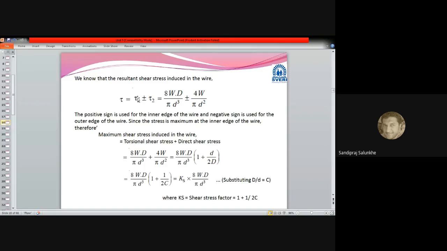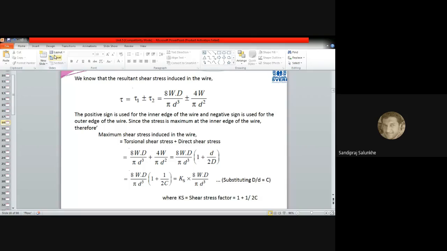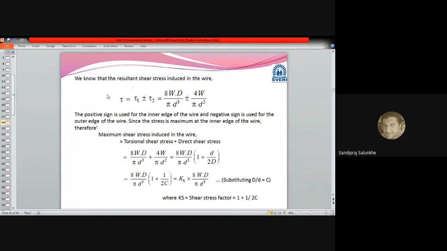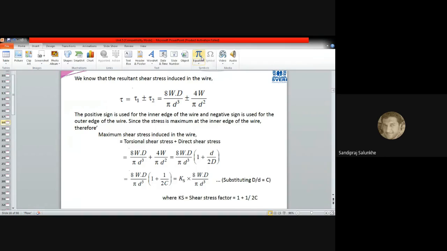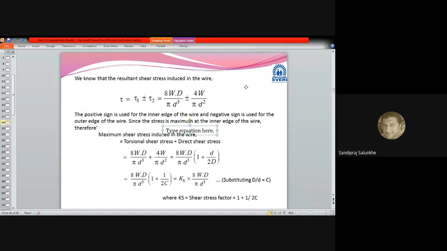This torsional shear stress which we are going to calculate is 8WD divided by pi d cube. How did we calculate it? By means of W divided by... the simple equation. Which basic equation have we used for deriving this?